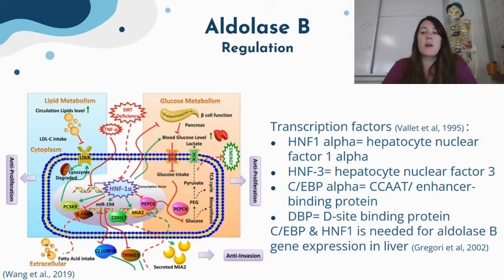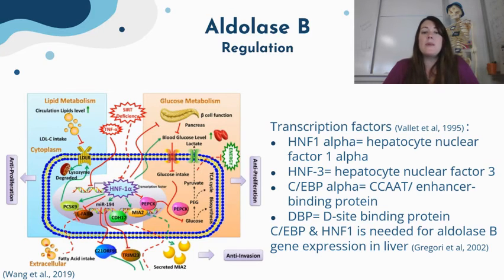HNF3 beta is expressed in the foregut endoderm, where the liver and pancreas develop from during development. HNF3 alpha activates glucagon in the pancreas, and HNF3 gamma activates enzymes in the process of gluconeogenesis during periods of fasting and stress to prevent hypoglycemia.